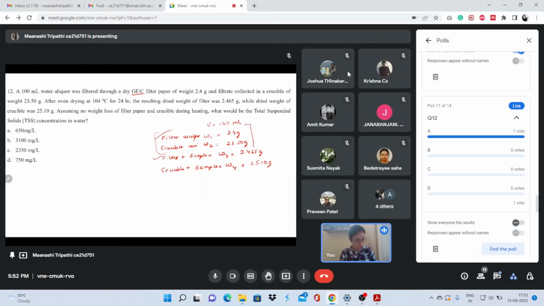Okay. So how will we measure total suspended solids? Total suspended solids is equal to W3 minus W1 divided by volume.